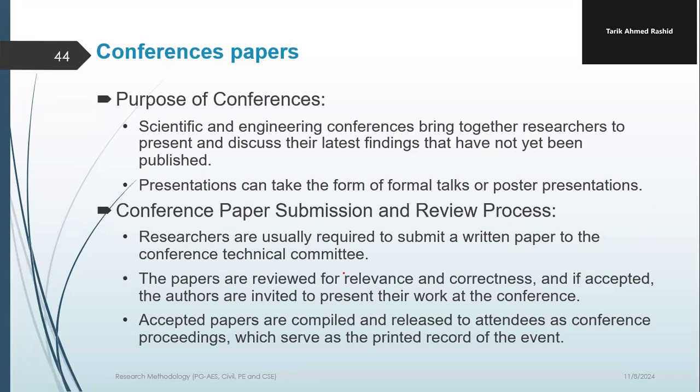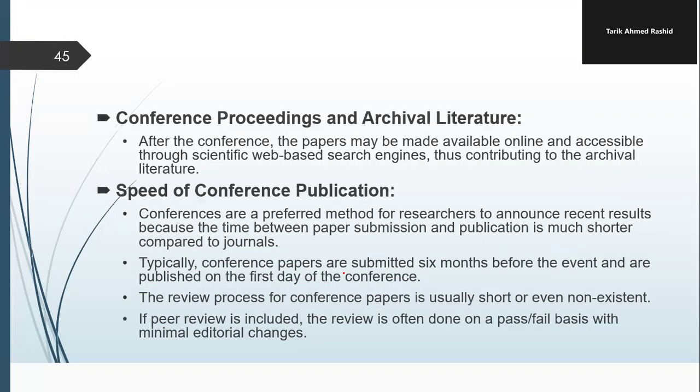You would have most of the time 1 month notification to get accepted, or it can be extended to 6 months. So you would have a chance to present your paper either as a poster or as a paper presentation in a seminar. So the speed of conferences is faster than journals.